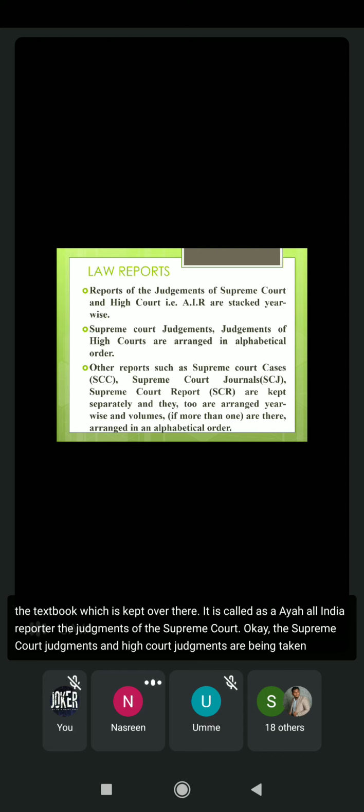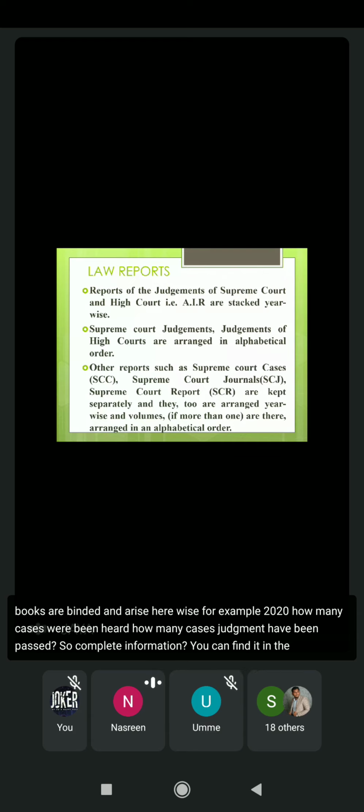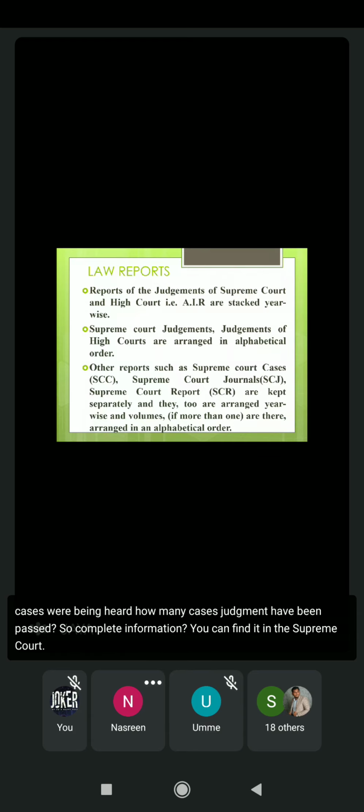The books are bound year wise. For example, in 2020, how many cases were heard? How many judgments were passed? Complete information you can find in the All India Reporter, stacked year wise.